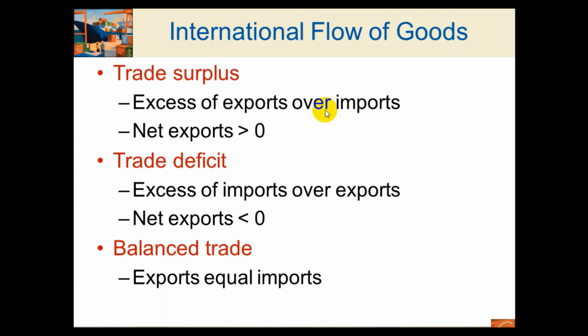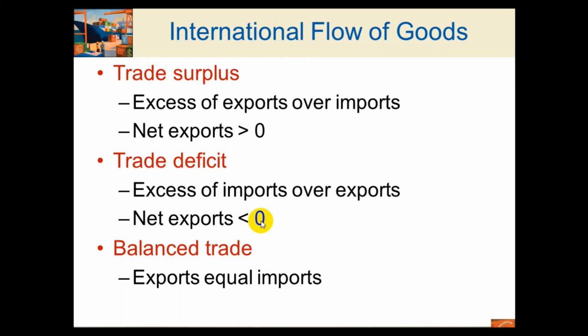In this case, the country is said to run a trade surplus. On the other hand, if net exports are negative, which means that exports are less than imports, it indicates that the country sells fewer goods and services abroad than it buys from other countries.